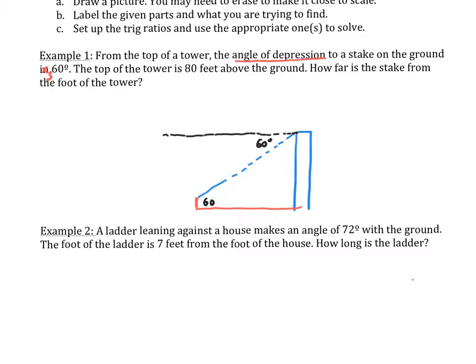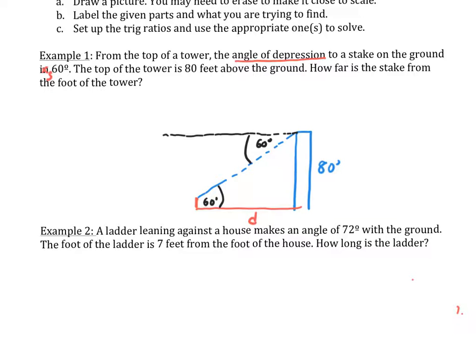This one here will also be 60 degrees. Why? Because parallel lines cut by a transversal, alternate interior angles are congruent. And we also know that this is 80 feet over here. And we're actually looking for the distance from the stake to the foot down here. So we're not looking from the stake to the top of the tower.